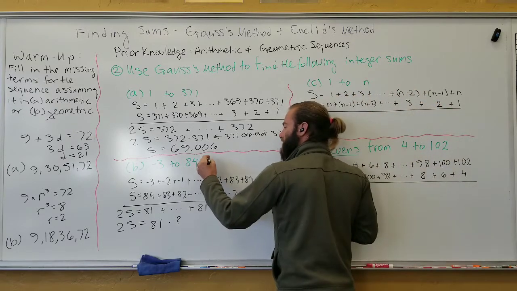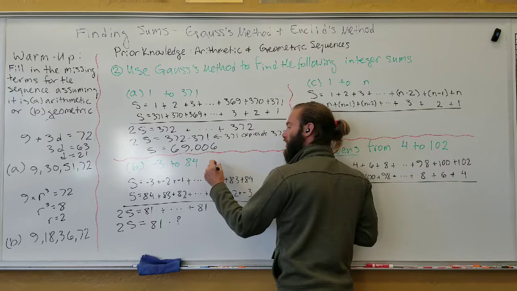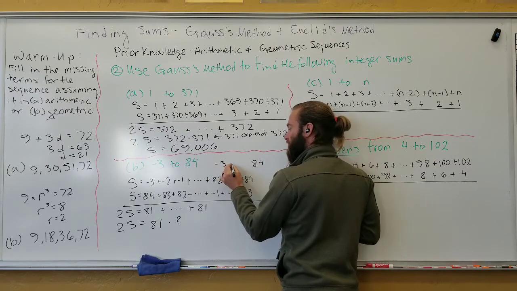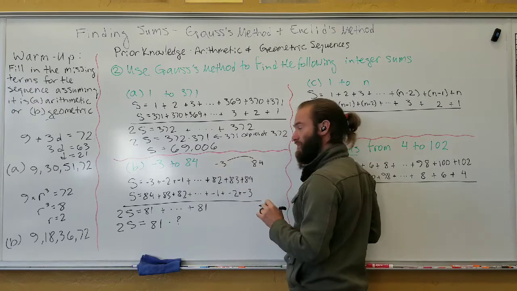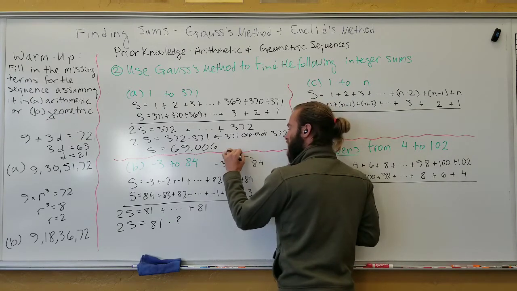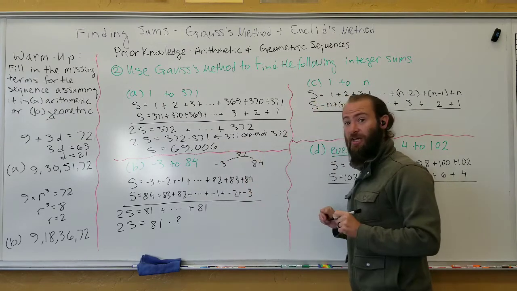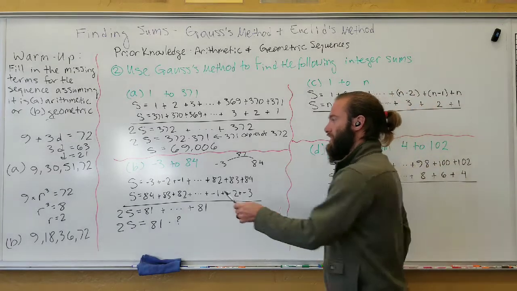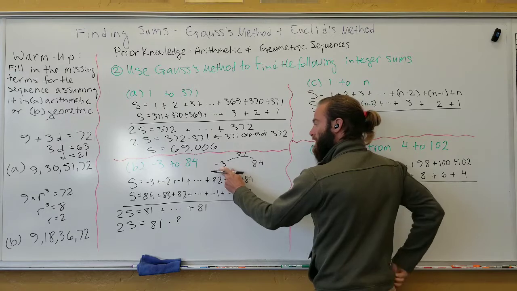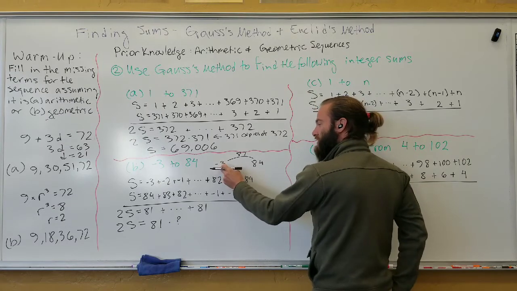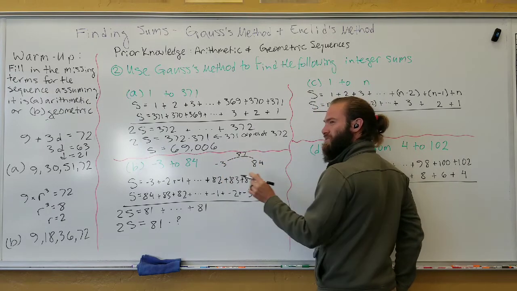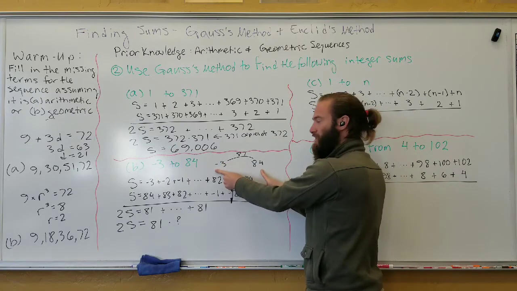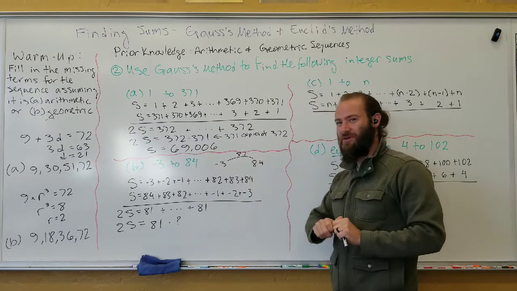Well, if I'm going from -3 to 84, it's tempting to want to do what we did with our sequences before and just think, if I went from -3 to 84, oh, we can see that that was up by 87, right? But there's one little catch here with sequences like this, if we're not starting there, is this distance of 87 doesn't include, because what we're really asking is how many numbers are there from -3 to 84, not how far apart are -3 and 84.